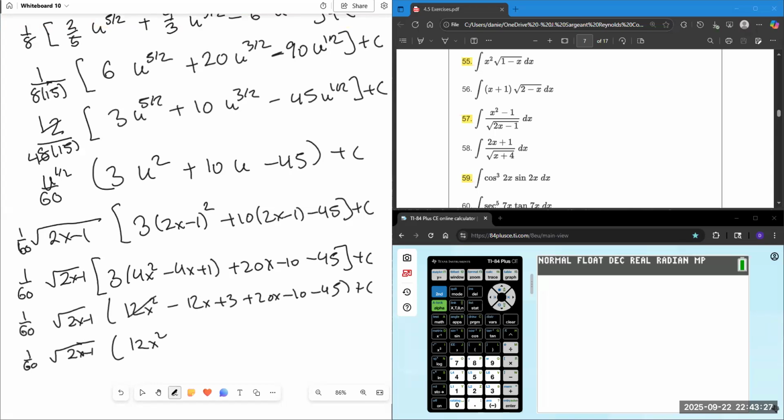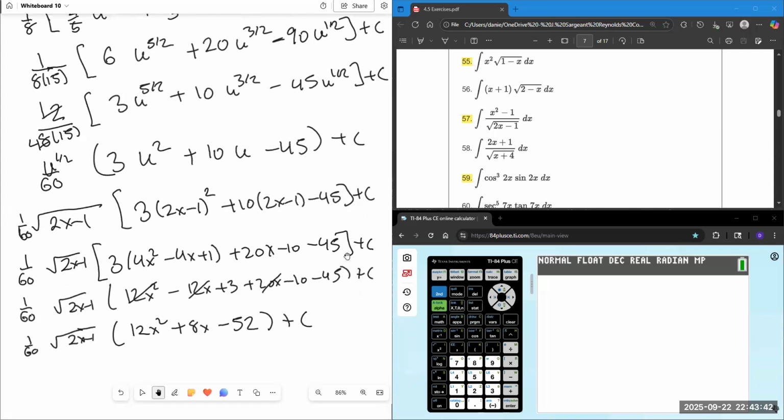Negative 12 and 20 is 8x. And then negative 55 plus 3 is negative 52. Those all have a common factor of 4.